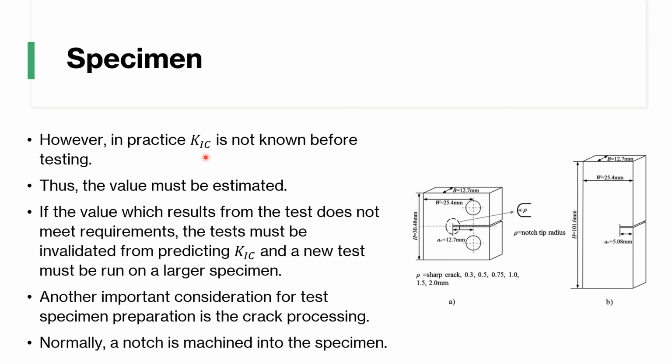But in practice, your KIC is not known before testing. So since we don't know this value, we have to estimate it, assume it. If the value which results from the test does not meet the requirement, the test must be invalidated.